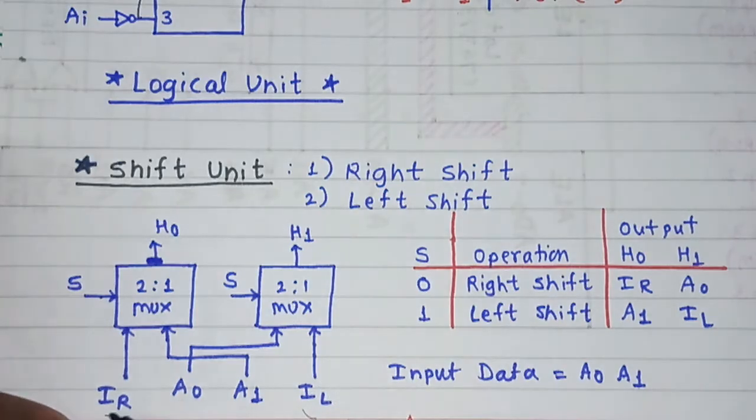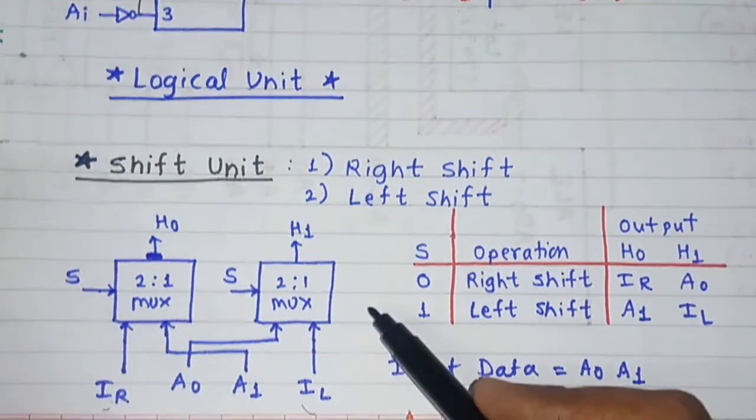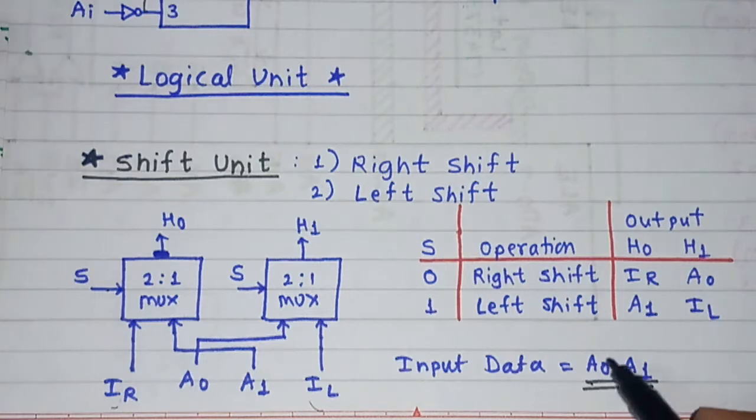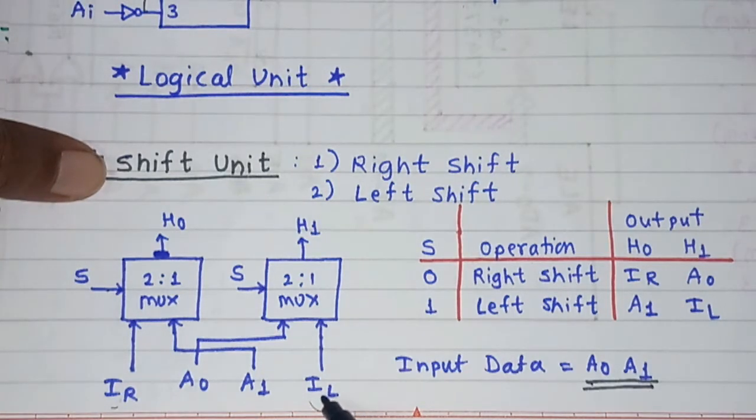These bits will be inserted for right shift and left shift. Then A0 and A1 are the original input data bits. As per our requirement, either IR will be inserted or IL will be inserted.